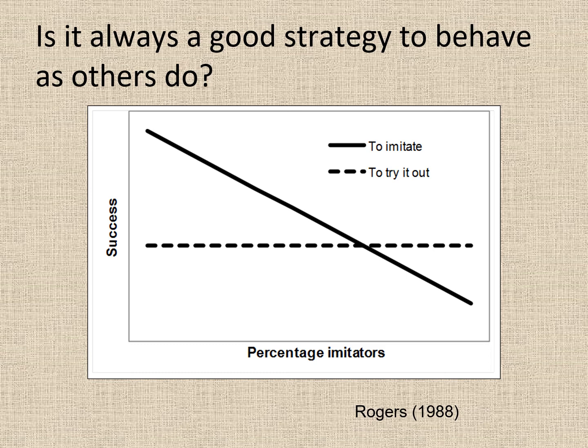And according to Rogers, social learning is most successful as a strategy when others are not using it. It's less successful if the others are using the social learning strategy. The individual learning strategy, to try the different alternatives yourself, is not affected by what strategy the others are following.